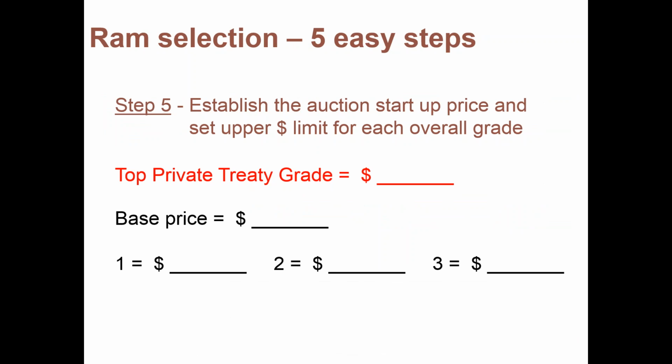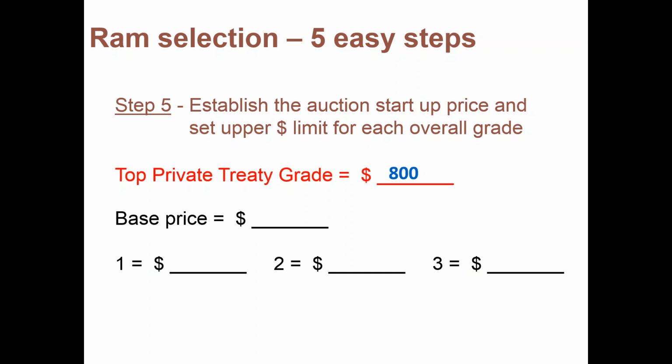Okay, so the last step is then to apply a price against each of the grades you've allocated to the rams in your catalogue, and you can work through that in a process and work out how much extra performance will make you, as I showed you in that trial right at the start.